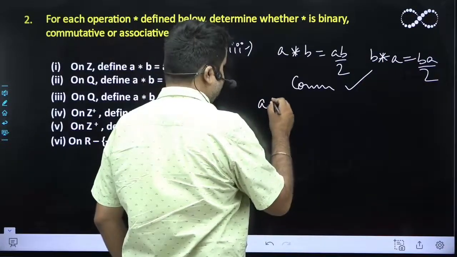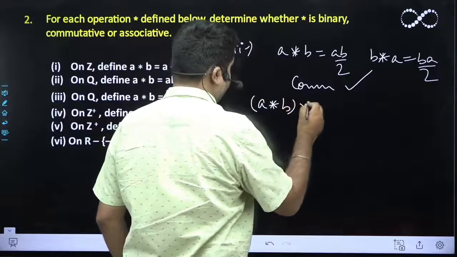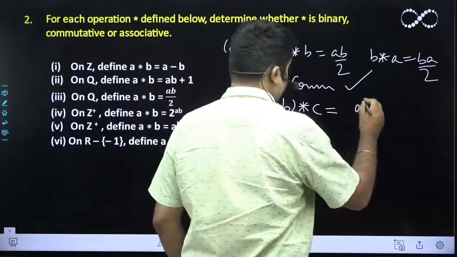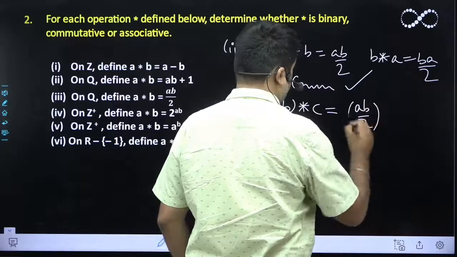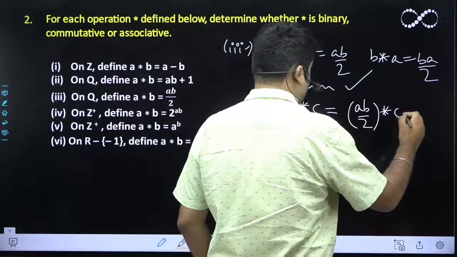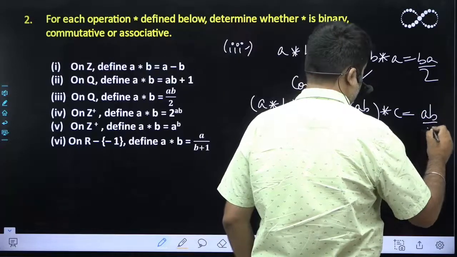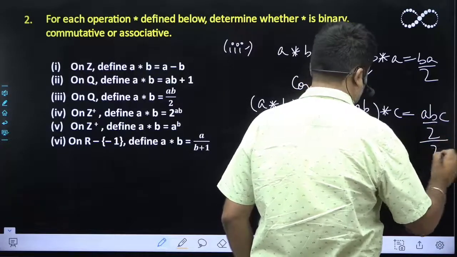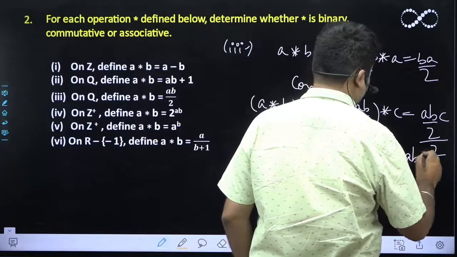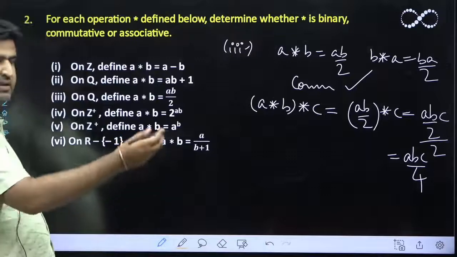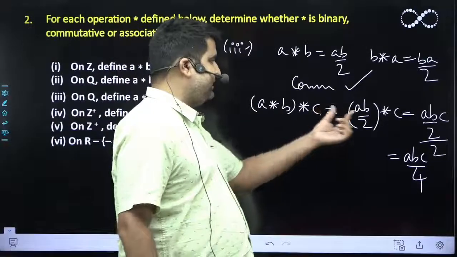What is A star B star C? This is equal to AB by 2 star C, which is ABC by 4. Right? It's pretty simple to calculate. A star B is AB by 2.